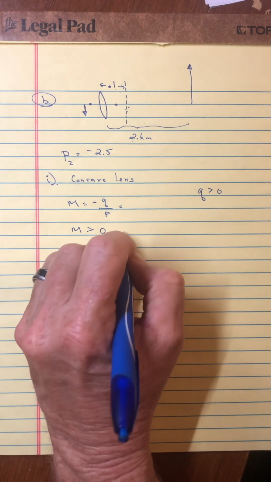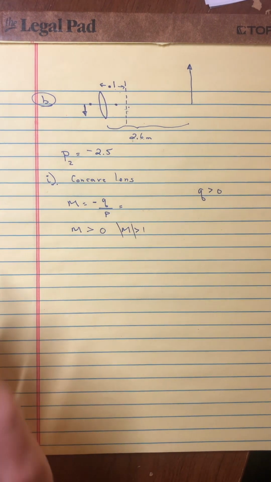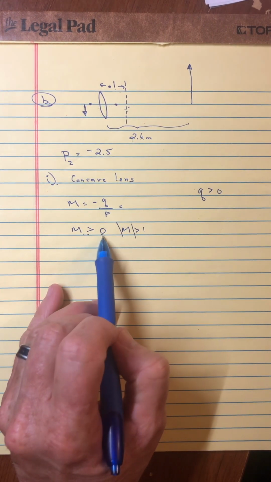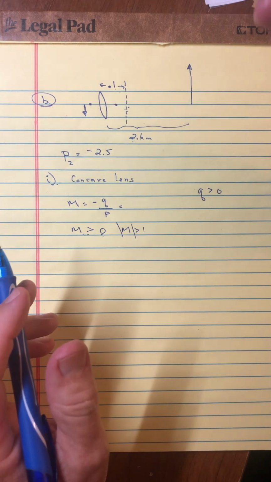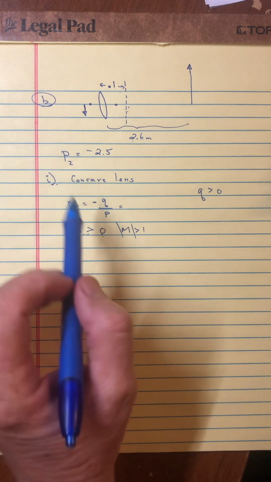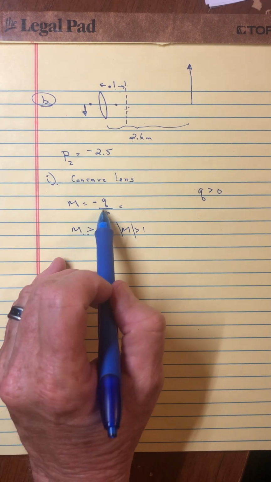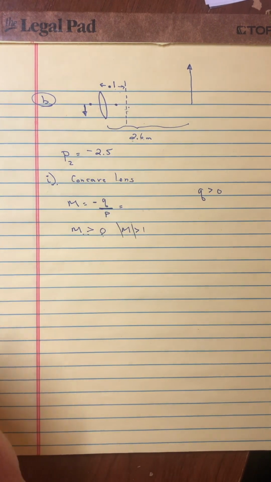And it's going to make it bigger, so it's even going to be greater than 1 in terms of magnitude. But the fact that it's greater than 0 tells me it gets bigger. And that right there, like I said, is what happens with this diverging lens.